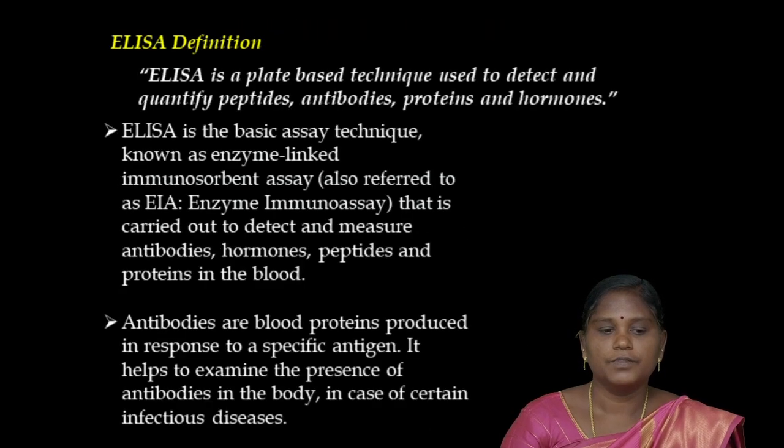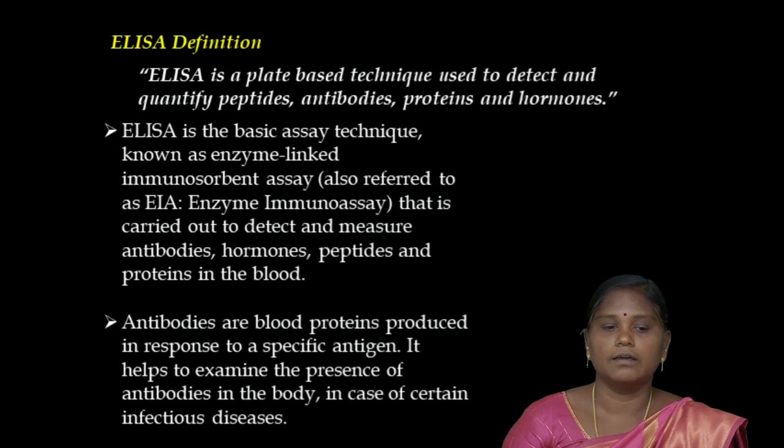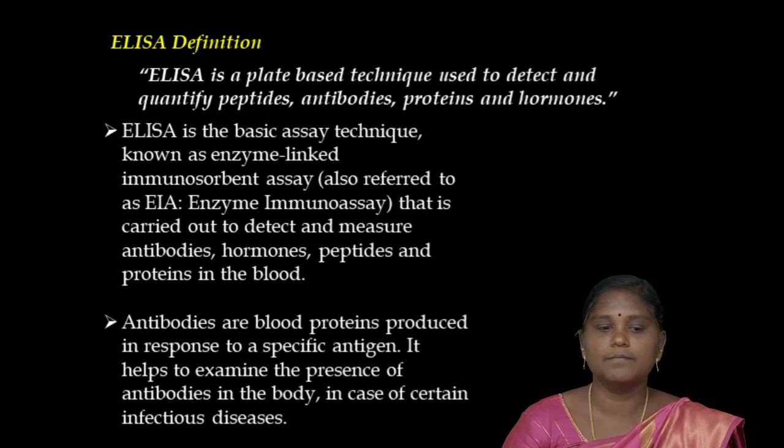Then you should know what is meant by ELISA. ELISA is the enzyme linked immunosorbent assay. It is a plate based technique used to detect and quantify peptides, antibodies, proteins and hormones.